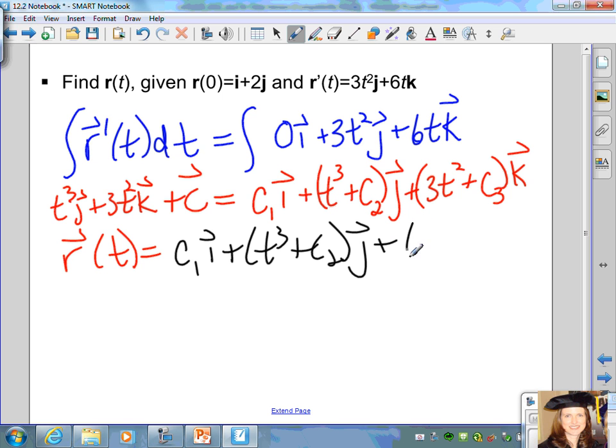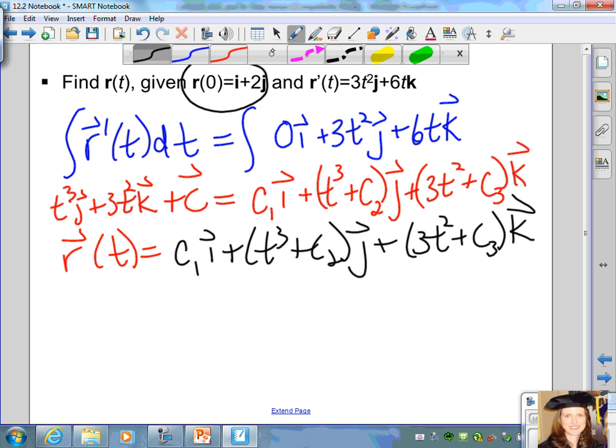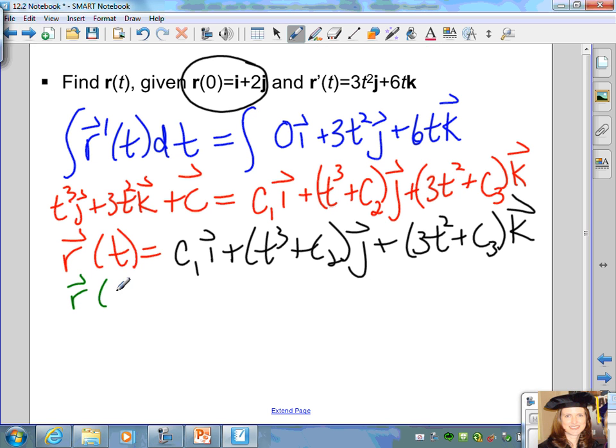I like to write it out because you are going to be solving for each of the constants. We're going to use the initial condition that r of 0 is equal to i plus 2j. The vector valued function evaluated at t equals 0 is C1i plus, plug in a 0 for the t here, you get C2j, and plug in a 0 here for t and you get C3k.